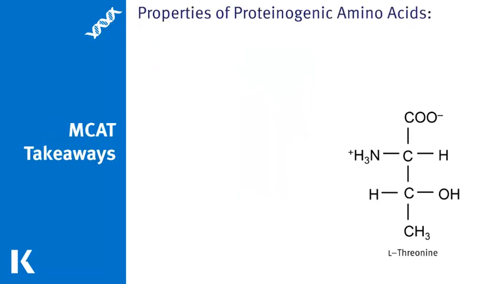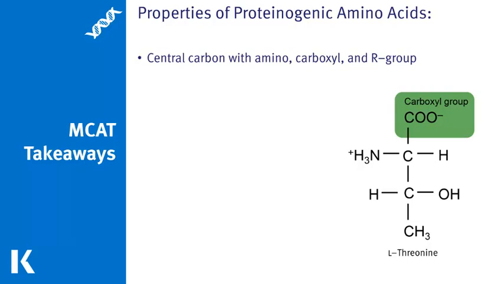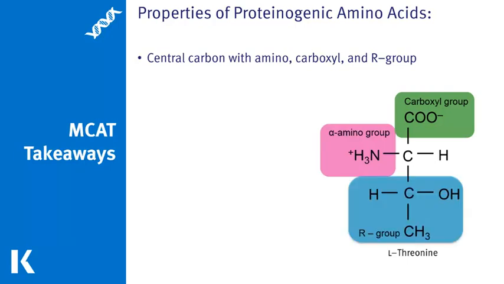Let's now review all of these ideas using the amino acid threonine as our model organism, so to speak. All proteinogenic amino acids are going to have functional groups centered around a central alpha carbon, and those functional groups will consist of a carboxyl group, an amino group, and some sort of R group which designates the identity of the amino acid.